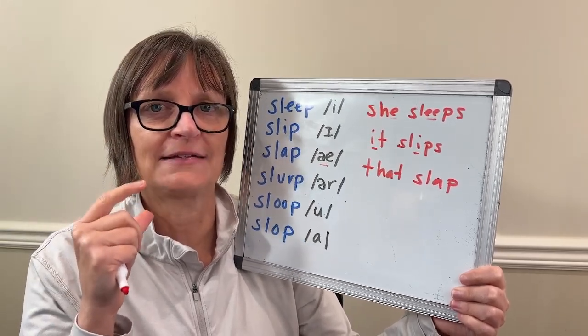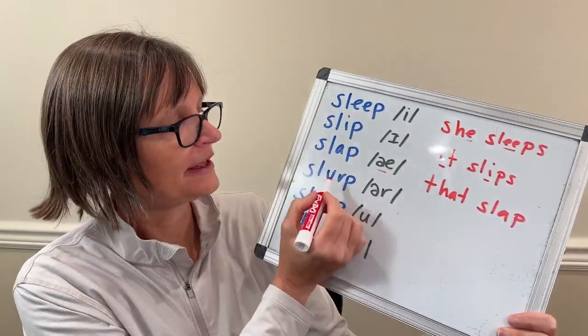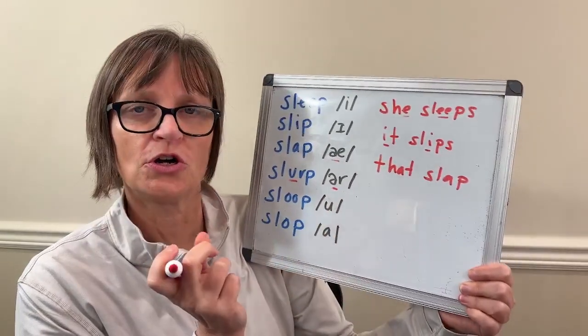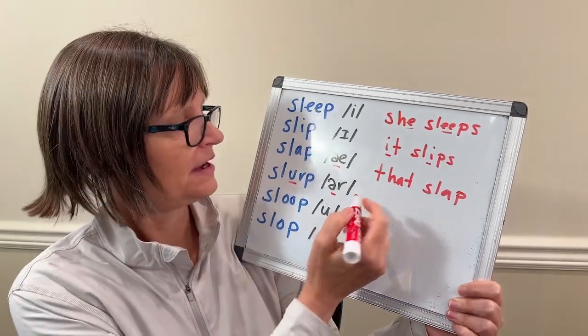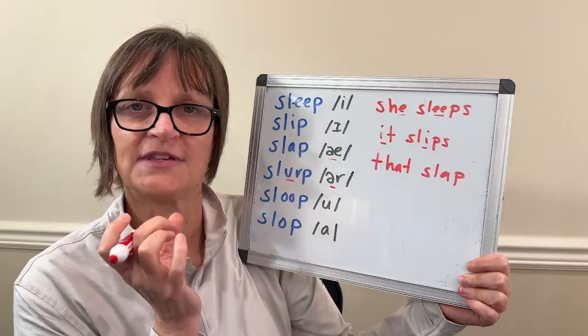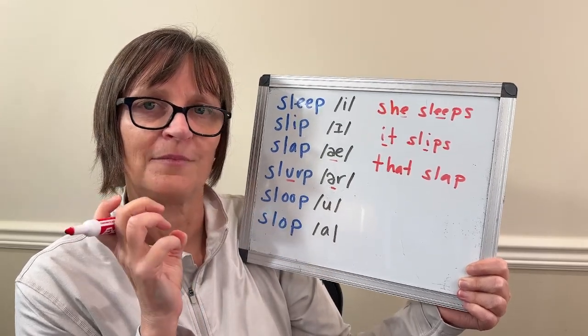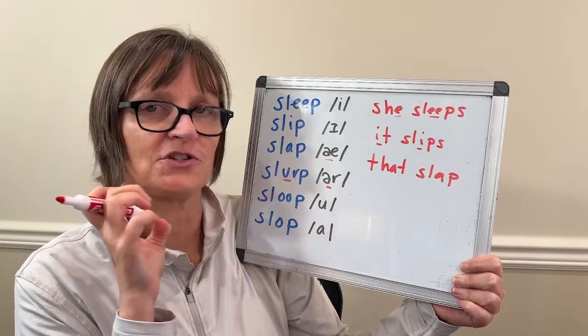Slap, that slap. Then when we move to slurp, the letters UR say the sound. This is the American R in the middle of words. You can think about it like slurp, this same spelling, or as ER or IR. We spell the sound with a lot of different letters before the R, but it's just one sound.